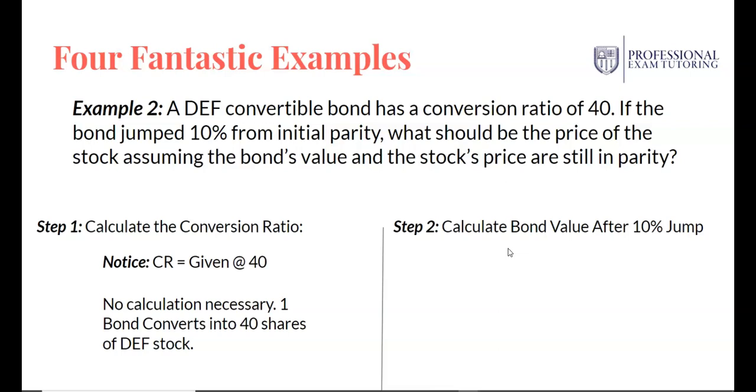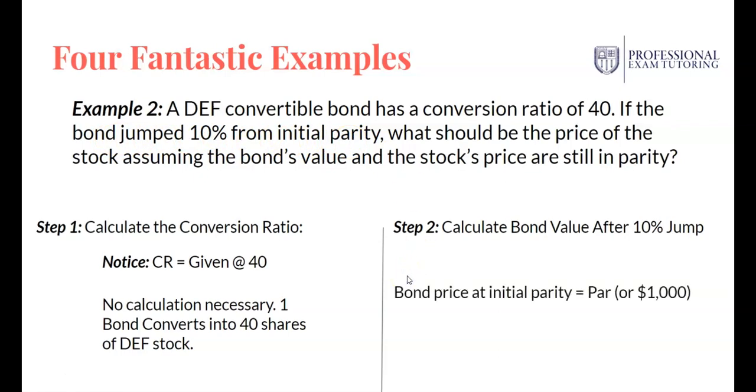And so when it's jumping 10% from initial parity, that's telling us that the bond's price is jumping 10%. So we know bonds priced at initial parity is $1,000, and so we have to figure out what it looks like if the $1,000 par value jumps by 10%.